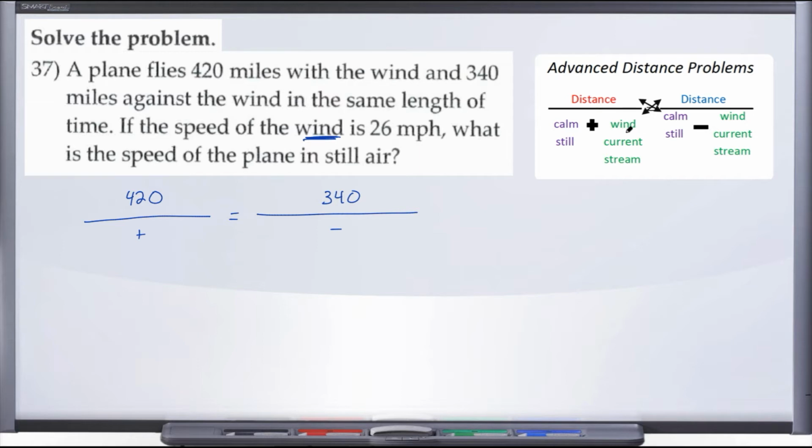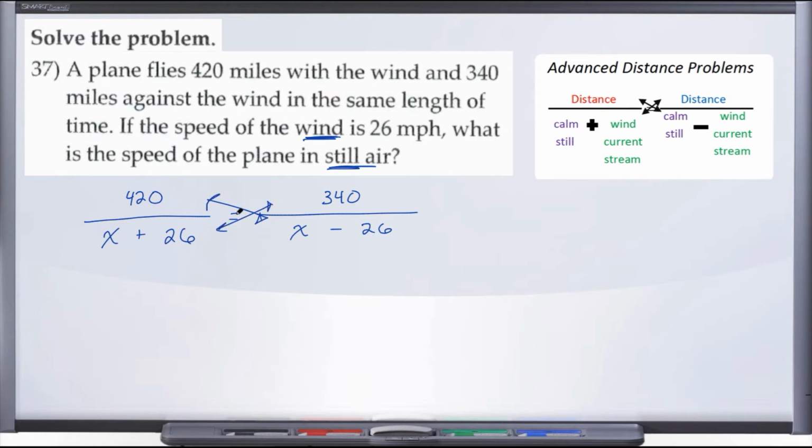Well, wind is on the right side, and we're talking about wind being 26 miles an hour, so 26, 26. What is the speed of the plane in still air? Where's the word still, on the left or the right? Well, the only place left available is on the left, and that's what we're trying to find, so x will go there. We have our model filled out, so now we know we're going to just cross multiply, right?